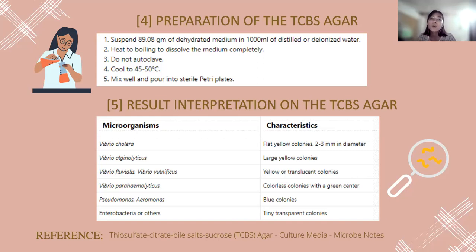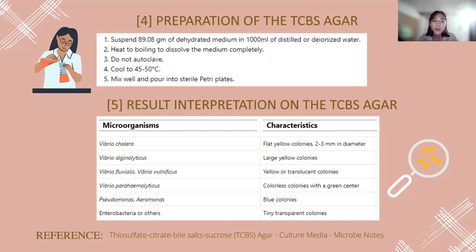Okay, so for instance, you've inoculated our agar with your bacterial species, specifically the Vibrio species. Now we're about to look at the result by interpreting the morphological characteristics of our microorganisms, specifically their colony forming on our TCBS agar.